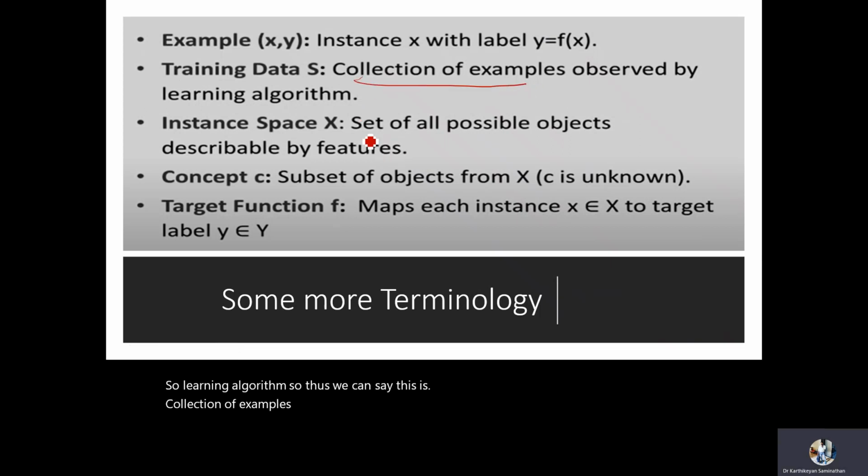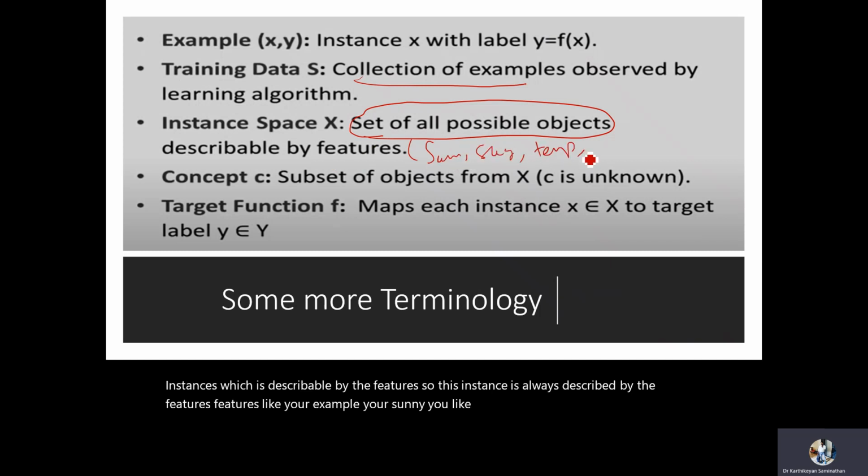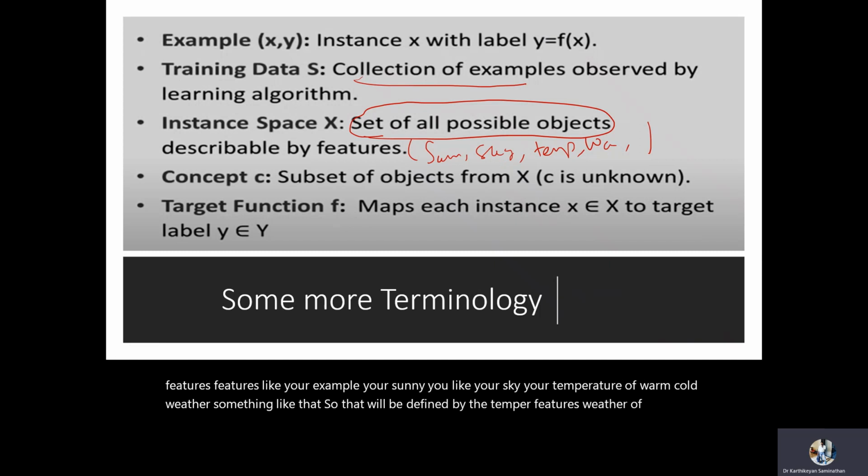Whereas instance space is nothing but the set of possible instances which are describable by the features. These instances are always described by features like sky, temperature, warm, cold, weather, something like that. So that will be defined by the temperature feature, whether warm or cold, whether strong or normal.